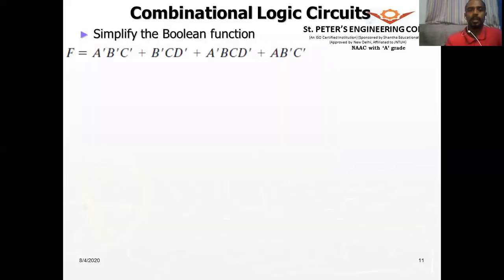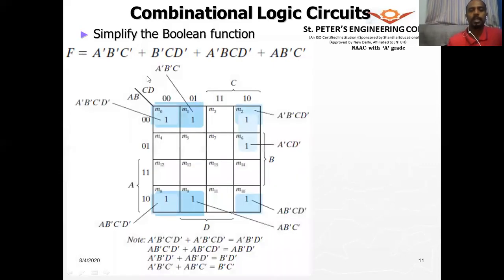Let us take another example in another form, that is given f is equal to ABC. That means it's a 4 variable function ABCD, and we have to find out by filling in all the remaining missing terms, and we get this output 1 1 1 1. So these are the outputs.